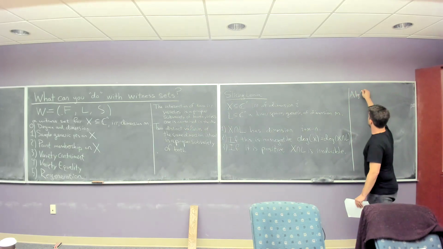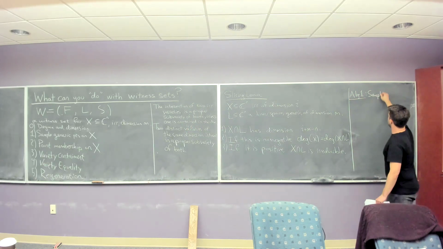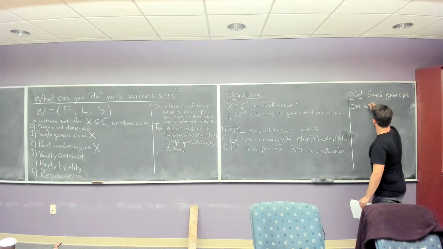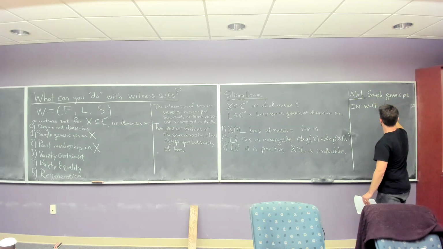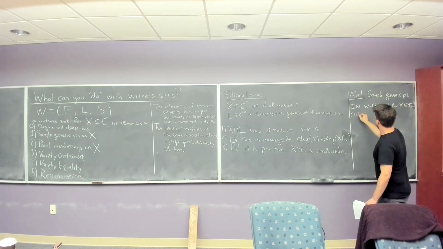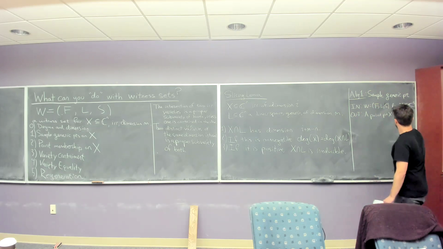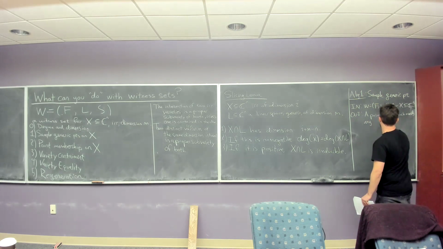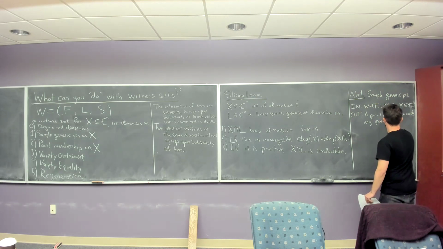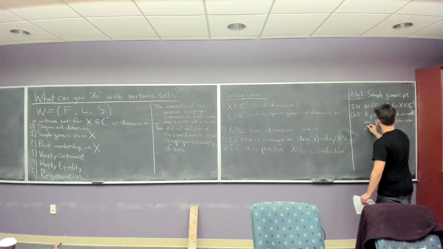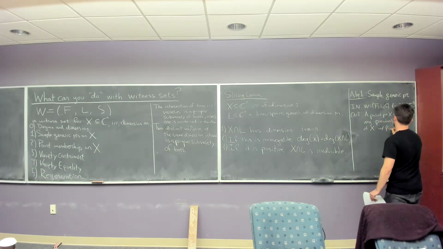So, algorithm 1. Sample generic point. Input: a witness set for X. Output: a point P on X which avoids any previously given subvariety of X with probability 1.